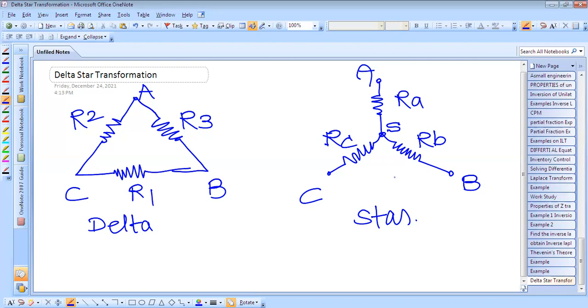So such an arrangement is called a star connection. Now the letter subscripts are those of the terminals to which the respective resistors are connected.